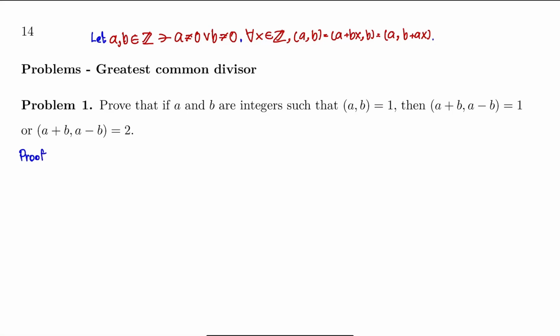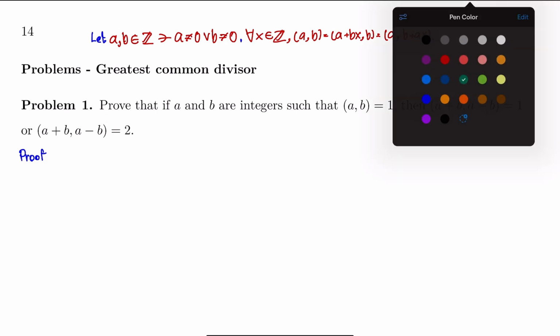Today we are going to prove that if a and b are integers such that the greatest common divisor is 1, then the greatest common divisor of a plus b and a minus b is 1 or 2. Now let's get started.